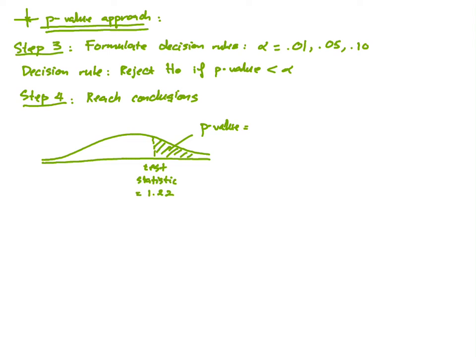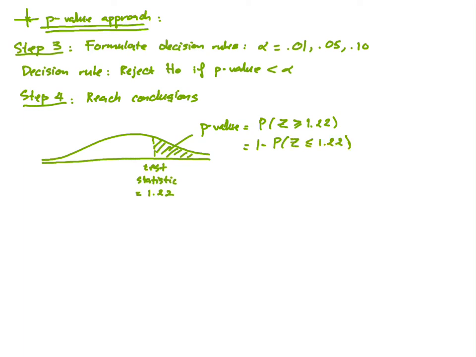Mathematically, this is the probability that z is greater than or equal to 1.22. In order to use the standard normal table, you have to flip the inequality, by doing 1 minus the probability that z is less than or equal to 1.22.